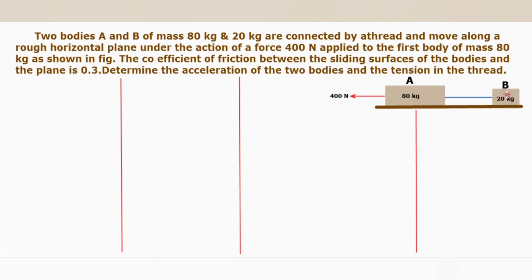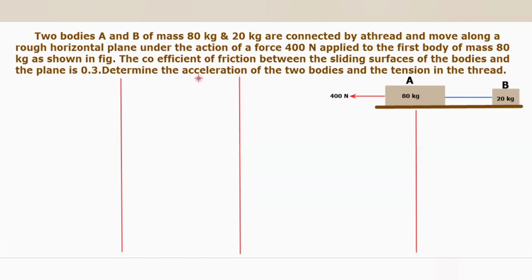These two bodies are connected by a thread, and they move along a rough horizontal plane under the action of a force 400 Newton, which is applied to the first body. The coefficient of friction between the sliding surfaces of these two bodies and the rough horizontal plane is 0.3.